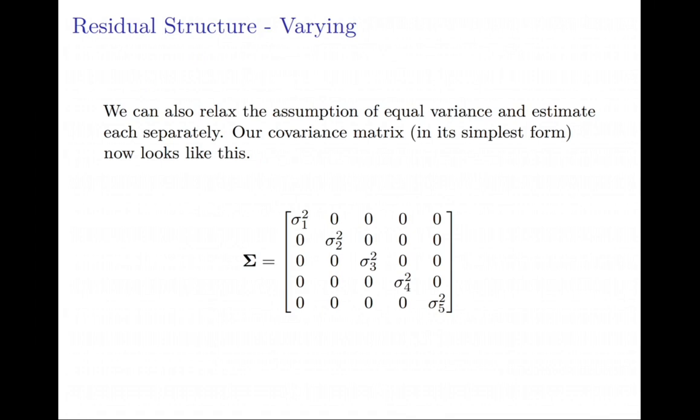However, we can also relax the assumption of equal variance and estimate all of our variances separately. So our variance matrix in its simplest form now looks like this. We still have no covariance among data points, but our variances are now sigma squared 1 through 5, so we can estimate them differently if we want.